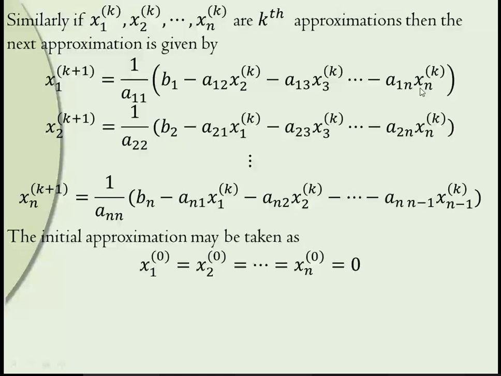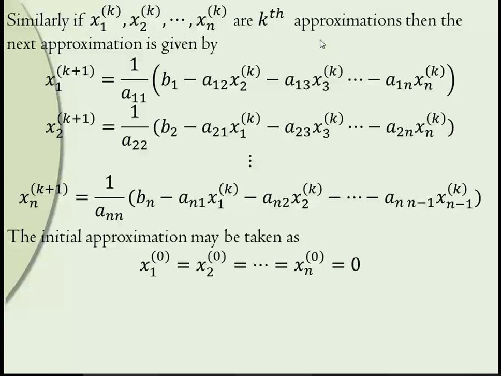Use the first approximation on the right hand side, and we get the next approximation on the left hand side. Continuing like that until the k and k plus 1 approximations become the same up to a certain number of digits gives us the answer. So this is very easy. No other formulas are used here.